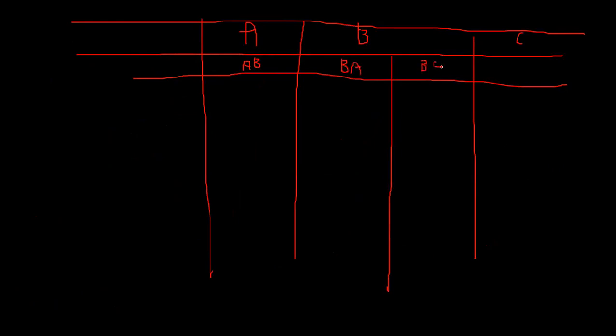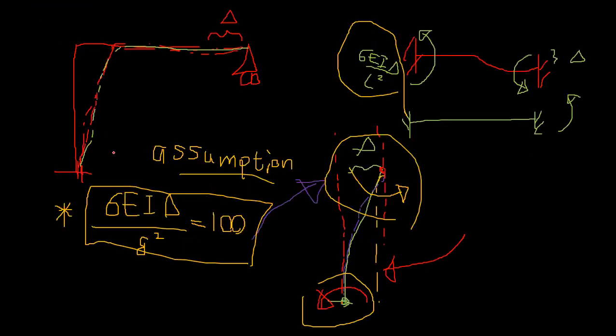So we solved the moment distribution part for the non-sway frame. This is for the sway part, sway isolated, CB. We know we only have a fixed moment in this member. Here we don't have anything. It's just rigid translation.